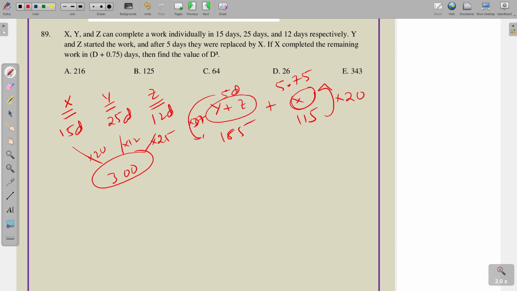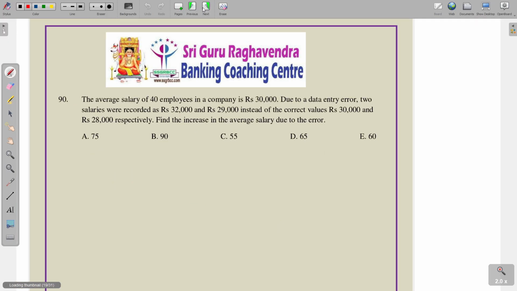It is the X completed value. This one is equal to 5.75, equal to D plus 0.75. Therefore, D is equal to 5. They want the value of D cube. That is 5 cube, 125, is our answer for this question.